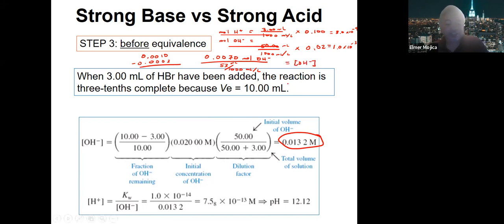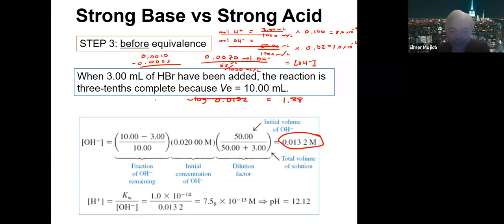So once you get that, that's the concentration. You can get the log of that. If you get the negative log of 0.0132, I get around 1.88.